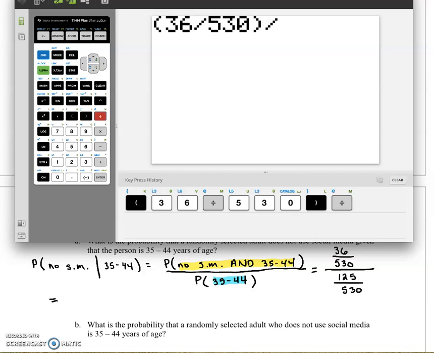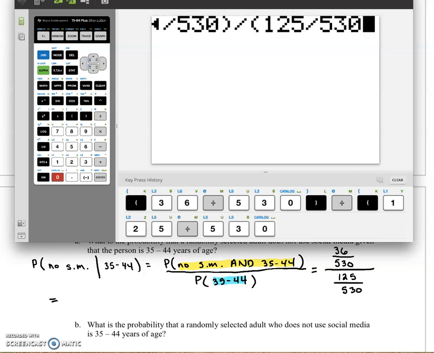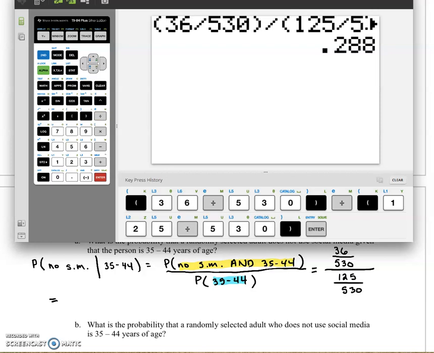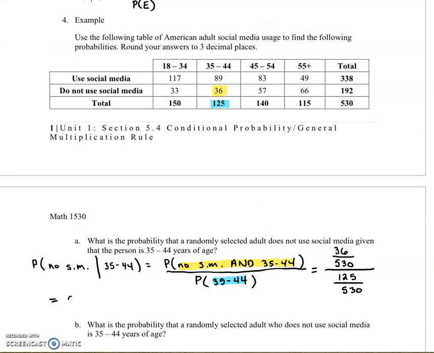And then we divide that by 125 divided by 530. And so we get 0.288.